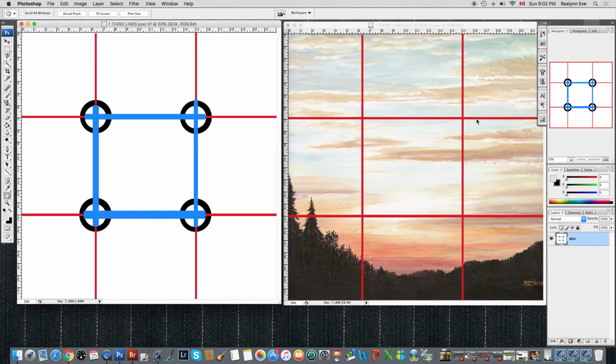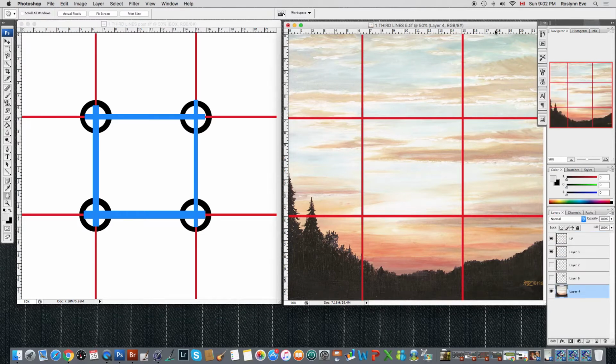According to my method, these are the PowerPoints. So if you place an area of interest where the red lines cross, which I marked with loops on the left image, it's going to make it much more noticeable.